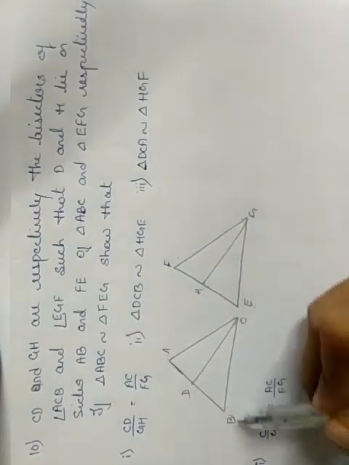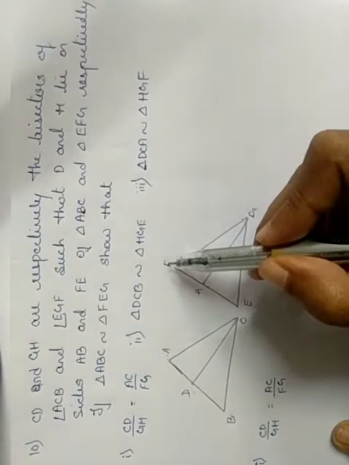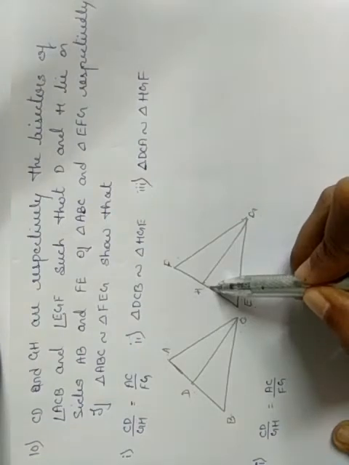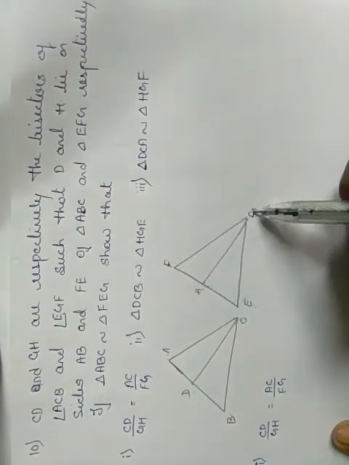If triangle ABC is similar to triangle FEG, we have to show that CD divided by GH is equal to AC divided by FG.